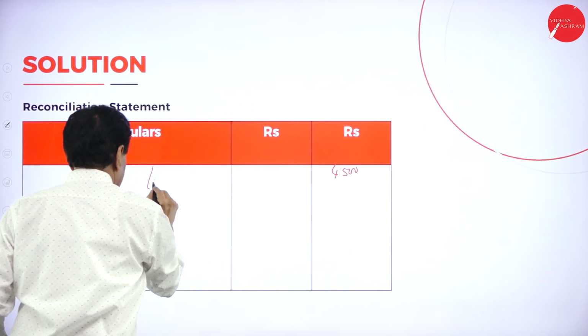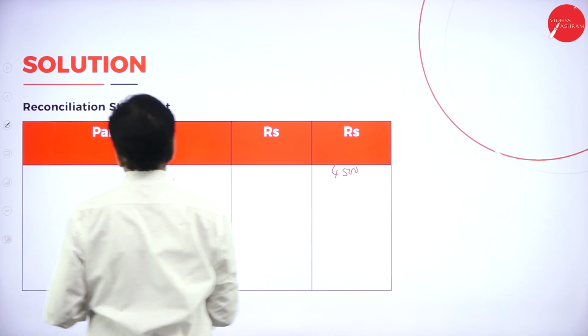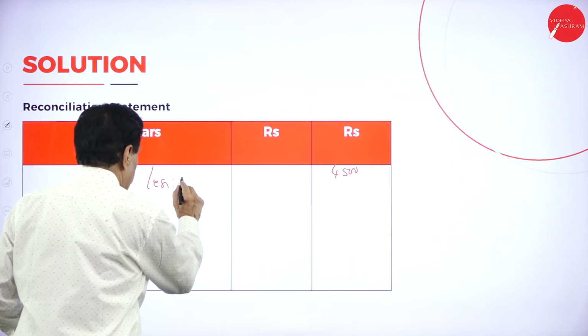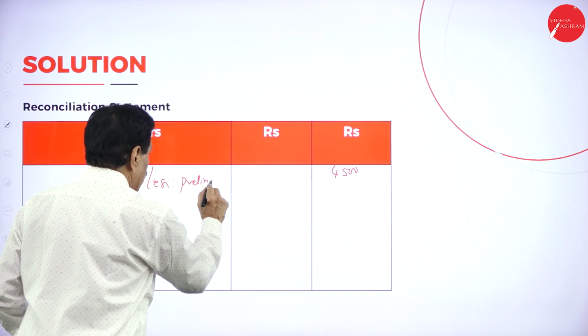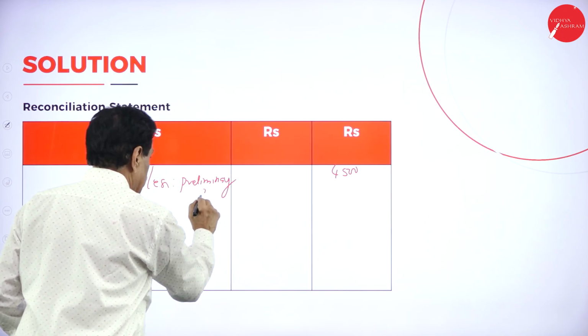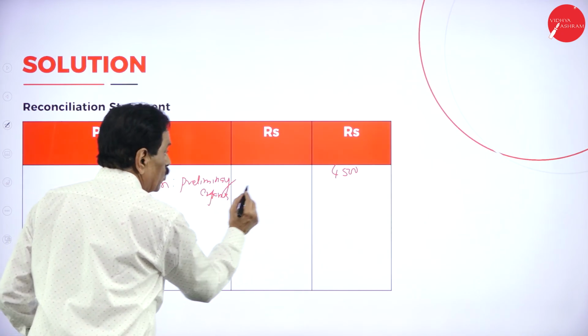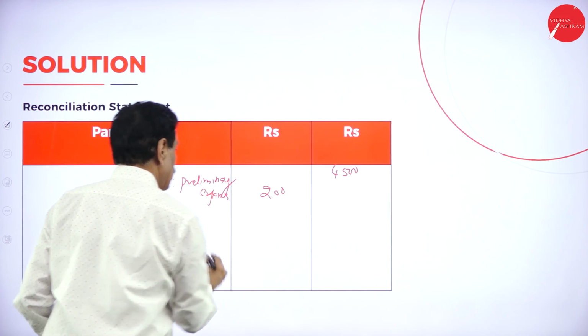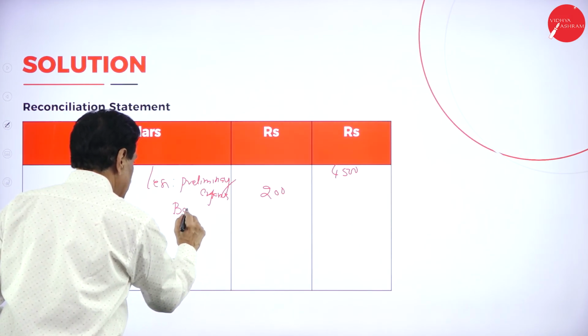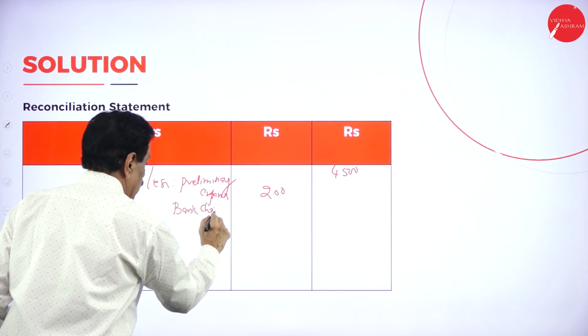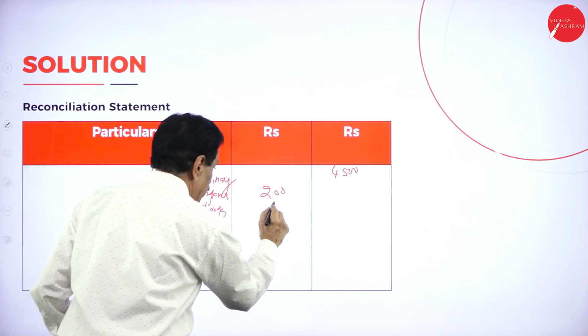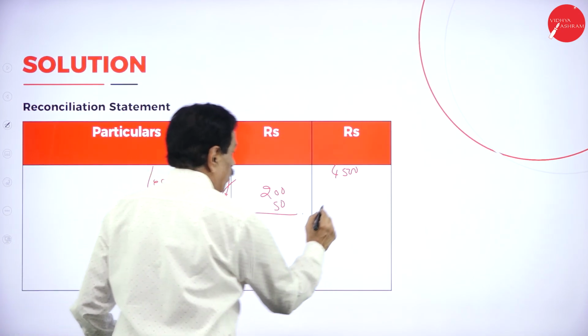Less, which are the two items to be deducted: preliminary expenses 200, bank charges 50, total 250.